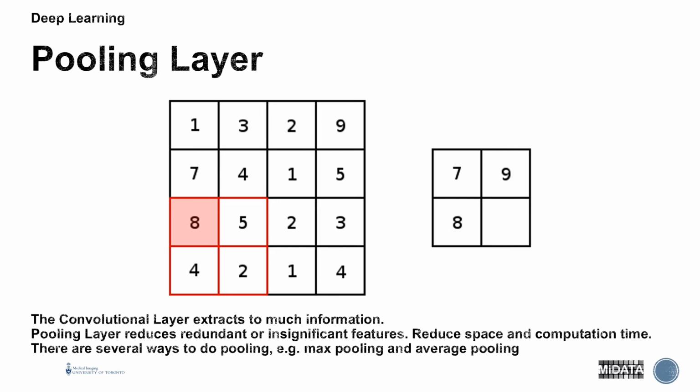The pooling layer gives you the opportunity to reduce this information and thereby reduce the space and the computation time required for your algorithm. There are several ways to do pooling. The typical examples are max pooling or average pooling, and we're not going to go into the detail here in this course, but suffice to say that this enables your algorithm to run more efficiently.